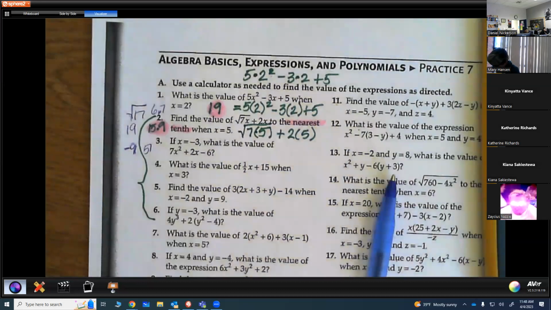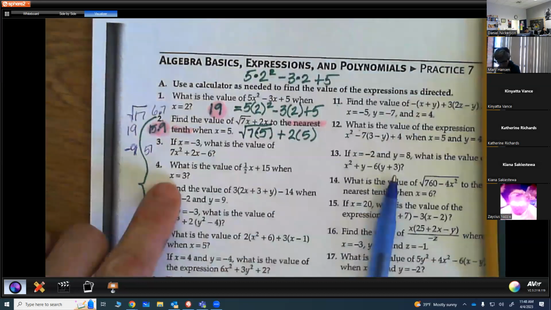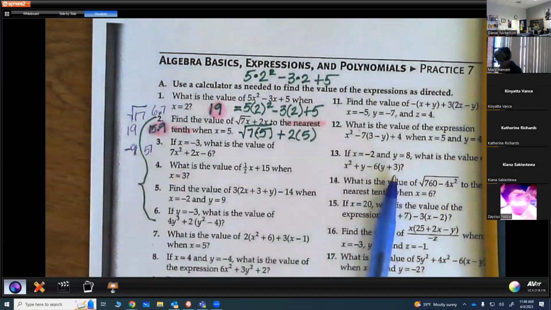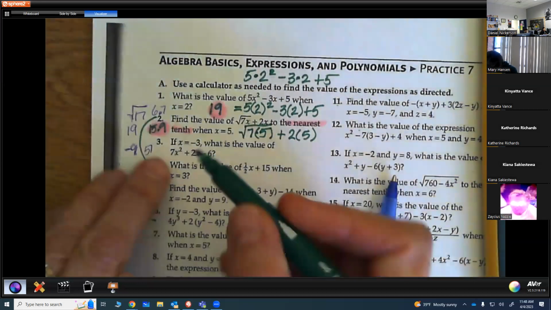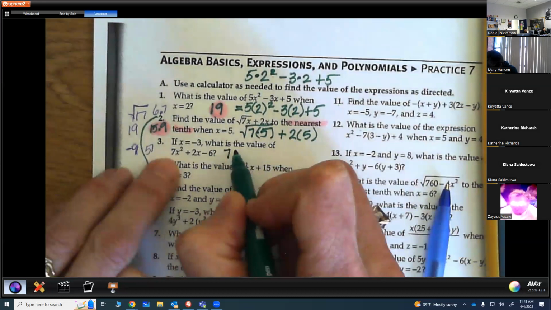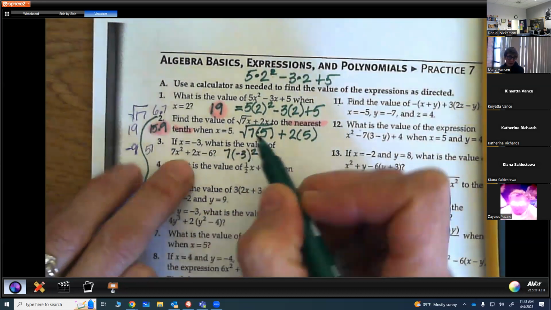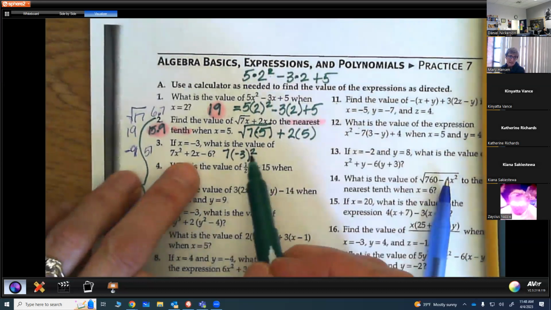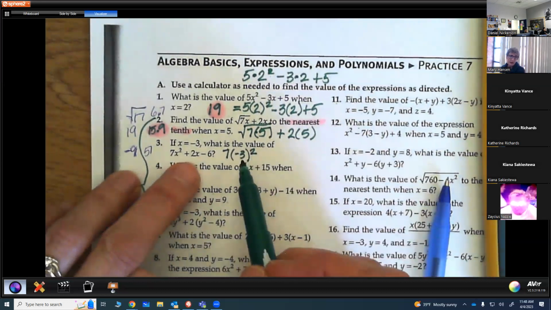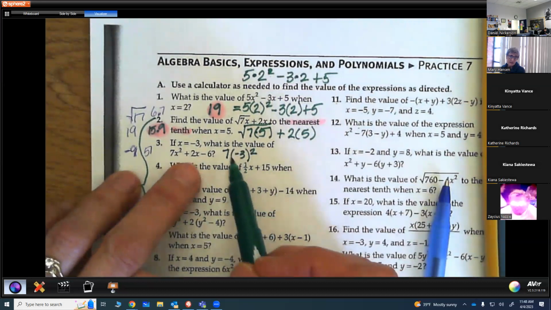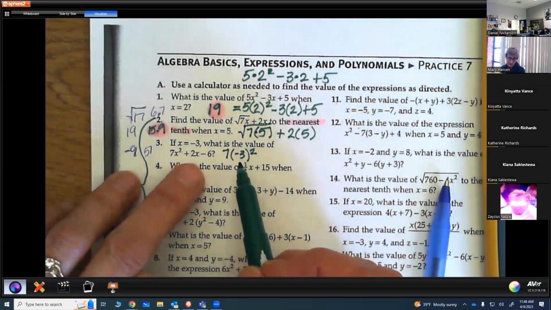So again, let's take that -3 and let's write this out so that we know exactly what it should look like in the calculator. We have 7 times -3 squared. Since this number is negative and we're squaring it, it's absolutely imperative you get the parentheses around the -3 in the calculator.